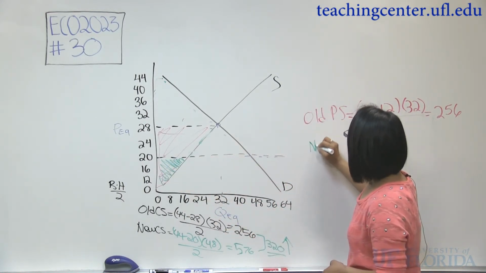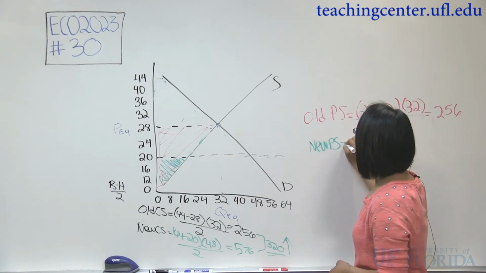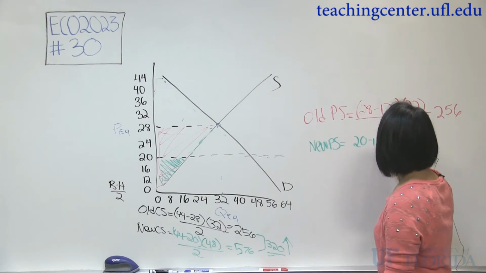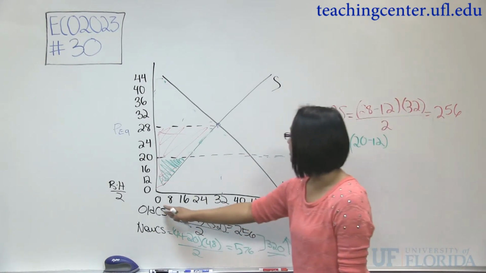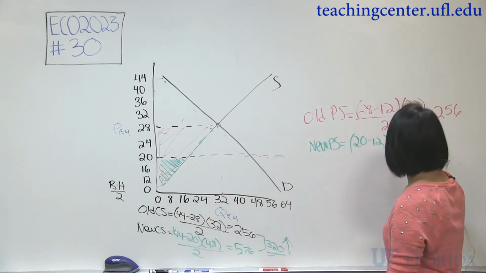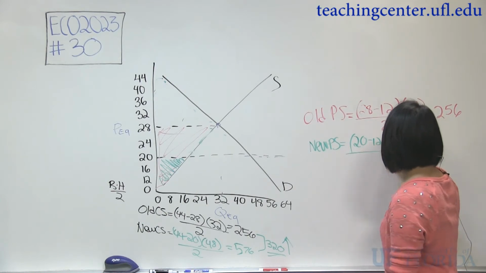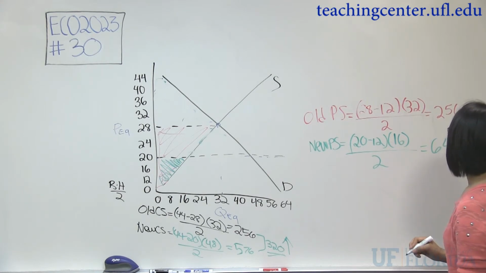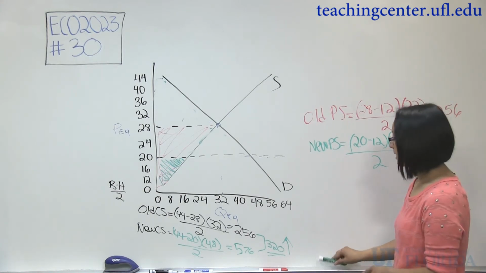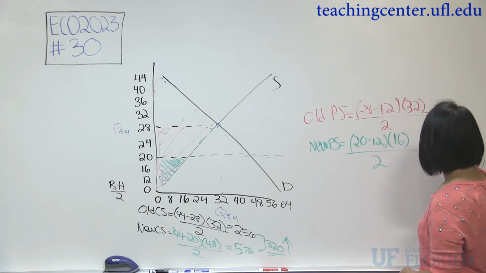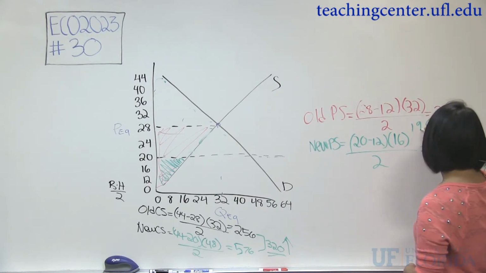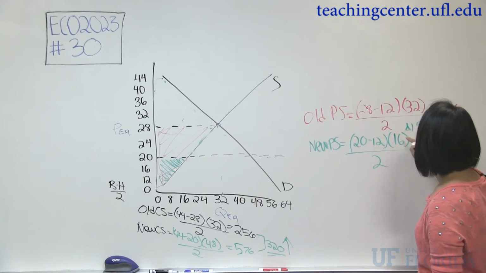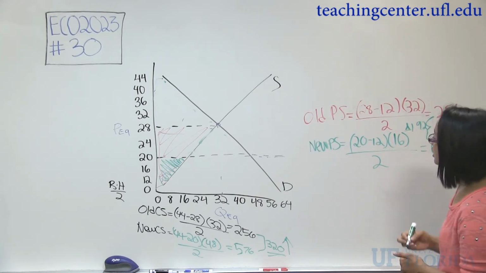So we'll use this equation again, new producer surplus: 20 minus 12 times our new base, which comes out to 16, divided by 2. This becomes 64. And our change ends up being, if you take the difference of these two, 192. So that's our change, D for change, or delta for change.